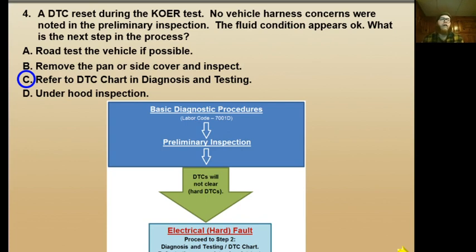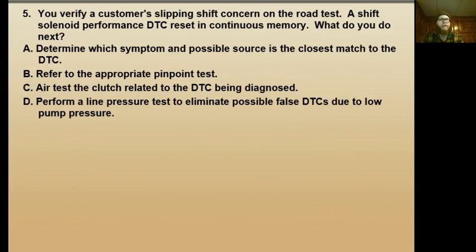The DTC will lead us to a pinpoint test or symptom chart that we can then go through and find the right fix, more or less, diagnose right down to the source, and then we'll fix all the collateral damage and get this thing back on the road.